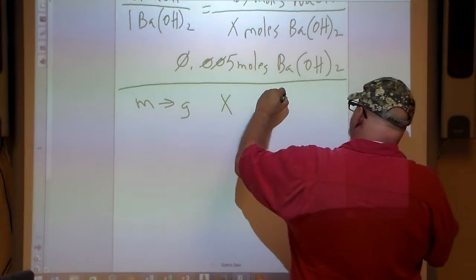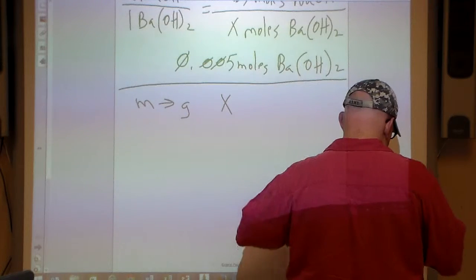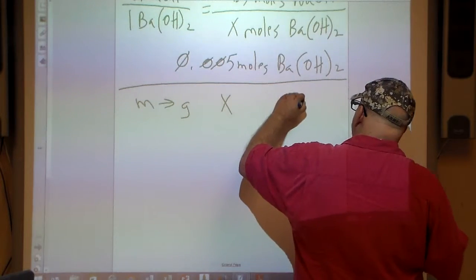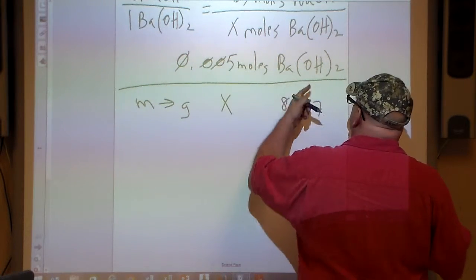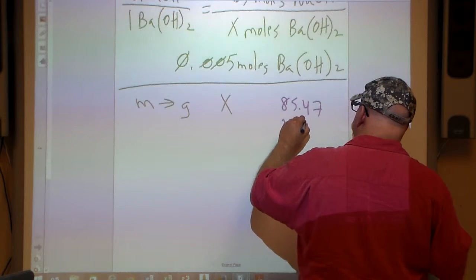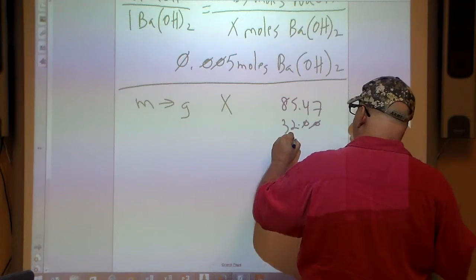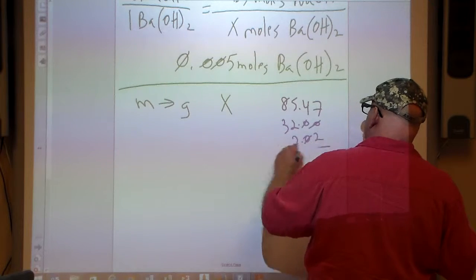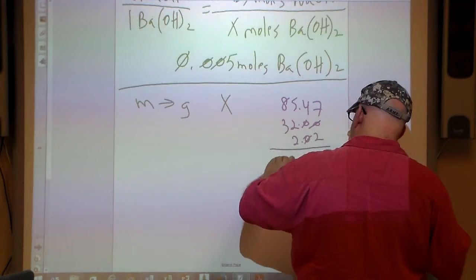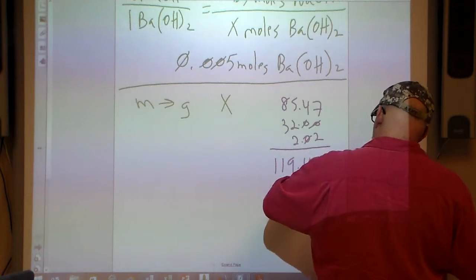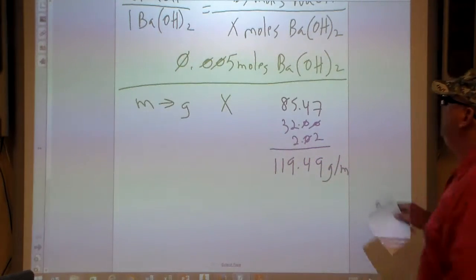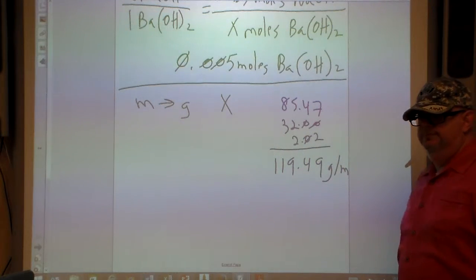Ba is 137.33, the 2 oxygens are 32 even, and the hydrogens are 2.02, together 119.49 grams per mole for the Ba(OH)2.